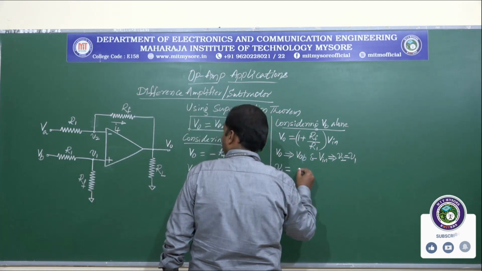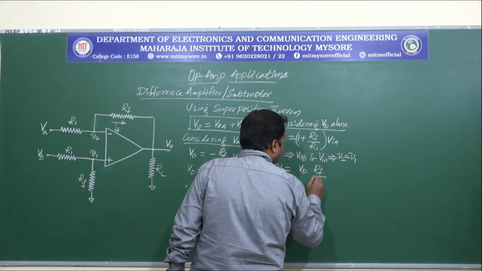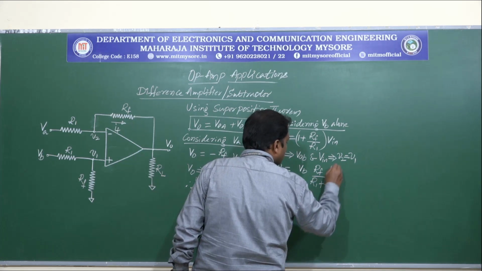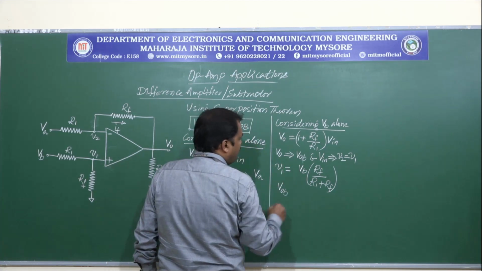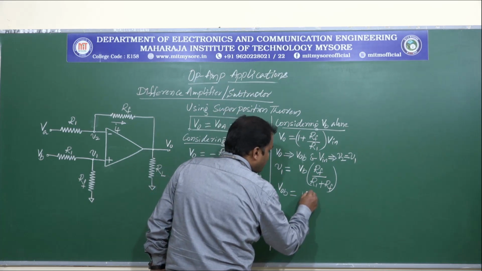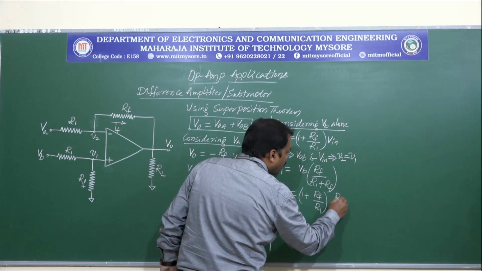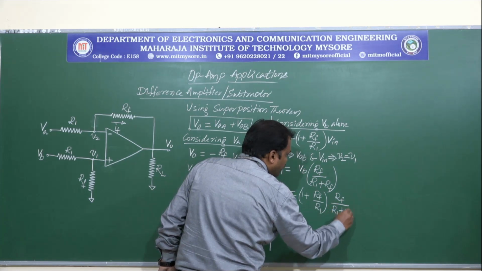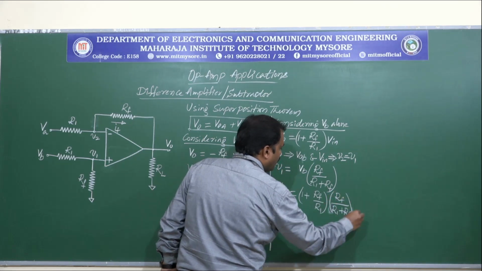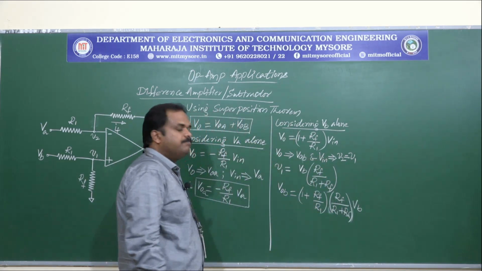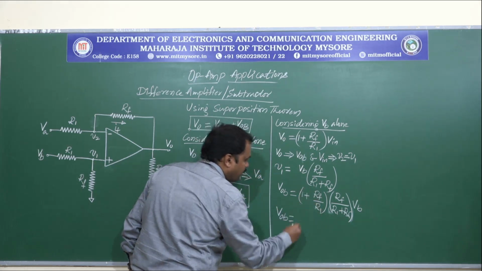So V naught B will be equal to 1 plus RF by R1 into RF by R1 plus RF into VB.